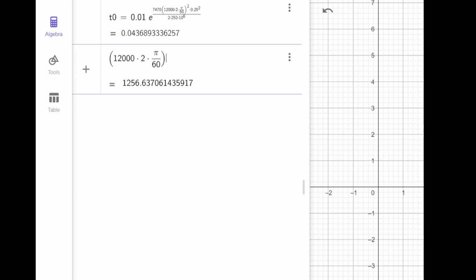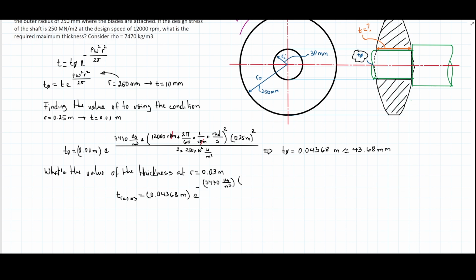So let's go back to OneNote. This here is, well, it's not RPM, sorry about that, it is 1,256.64 radians per second, squared, times the radius, that is 0.03 meters squared, and divided again by 2 times the stress, 250 times 10 to the power of 6 newtons per square meter.